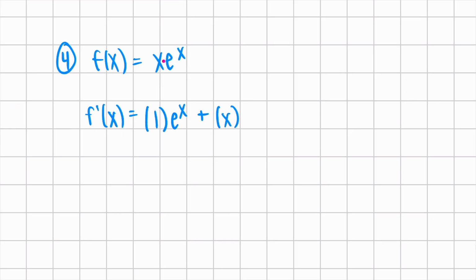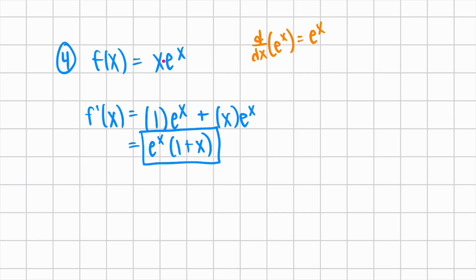Derivative of the second function, we should know that the derivative of e to the x is e to the x. So that's my derivative of the second function. Simplify this. I can factor out a GCF of e to the x. I'm left with 1 plus x. And that is my derivative.